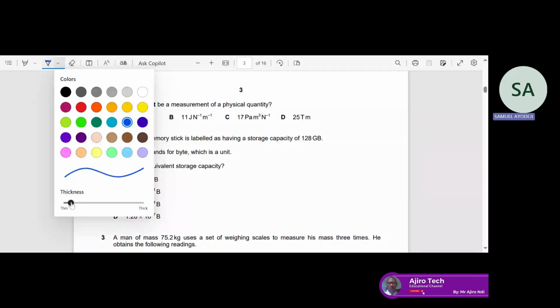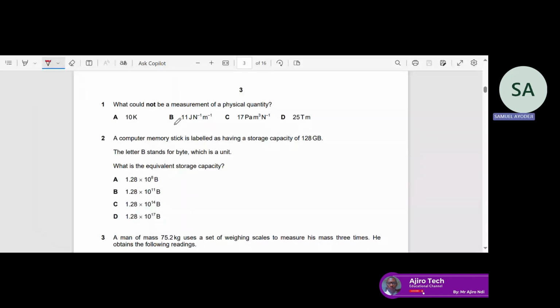Number one: what could not be a measurement of a physical quantity? First of all, know what a physical quantity is.